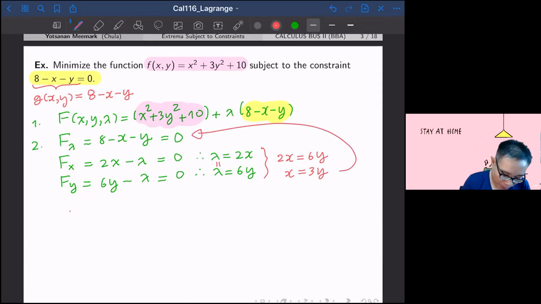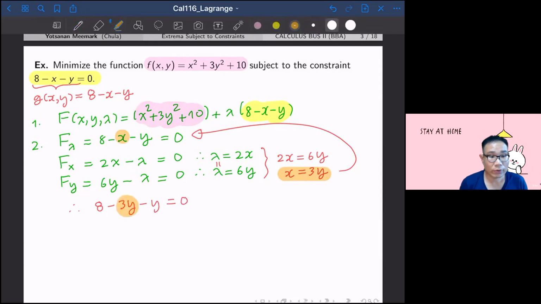So you have 8 minus 3y minus y equal to 0. You have 8 equal to 4y, so you get y equal to 2 as before.